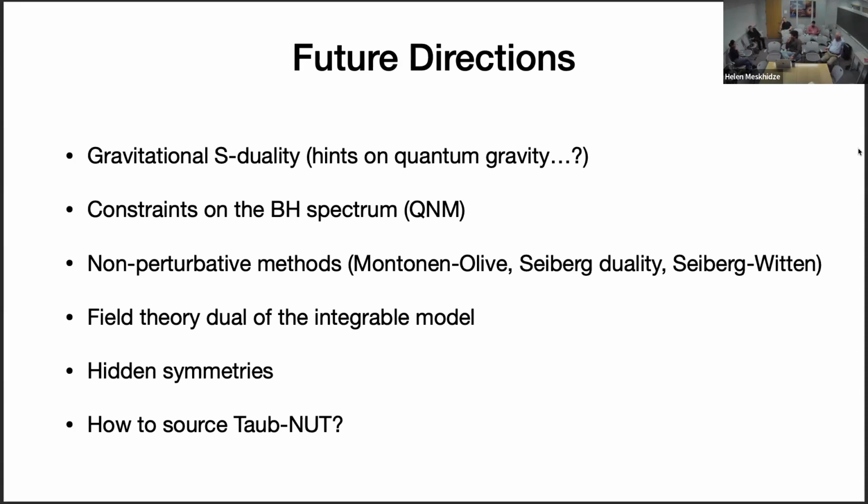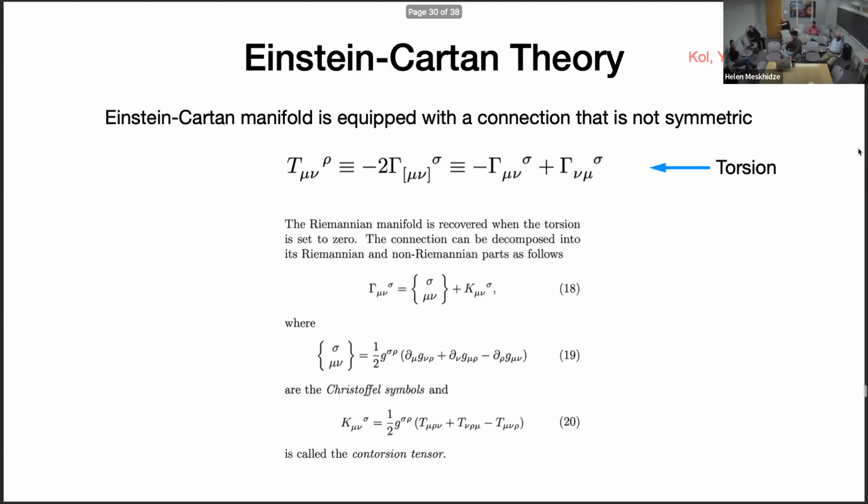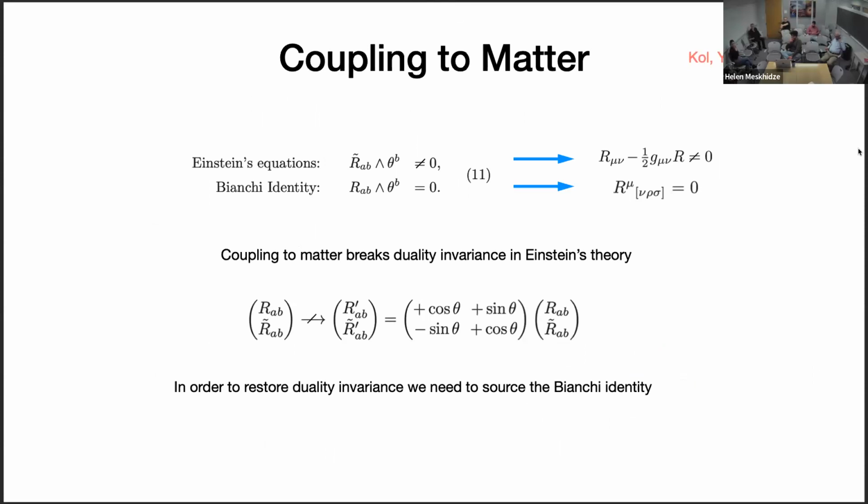I don't really understand still whether, if you have a NUT charge and you source it, are you saying that there will be non-zero torsion? Yes, that's one way to say it. One way to source it is by introducing torsion, with the second equation not equal to zero.